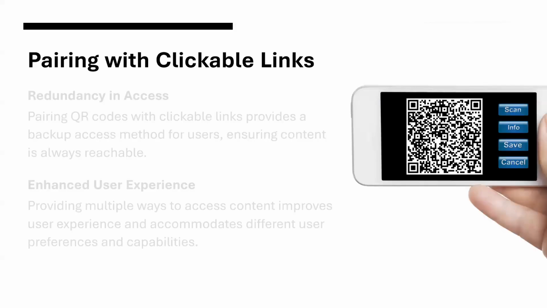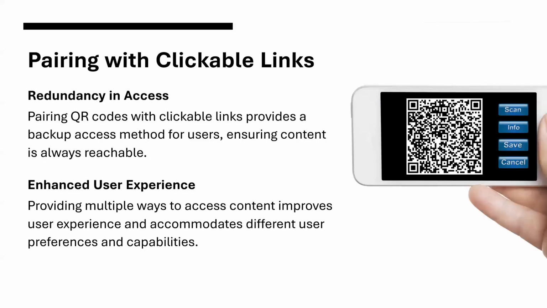Let's look at a few best practices. When you create a QR code, it's very often a wise decision to pair it with clickable links. Yes, we have to think about, are they looking at it on their desktop or through their phone? So having a clickable link provides a backup access method for users.